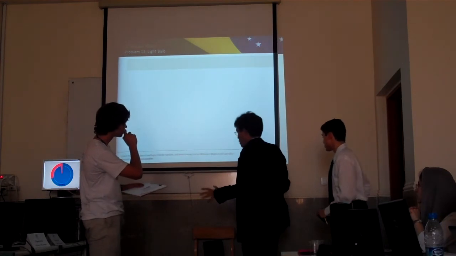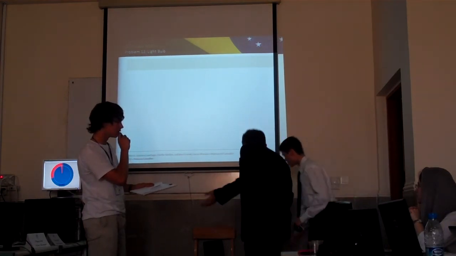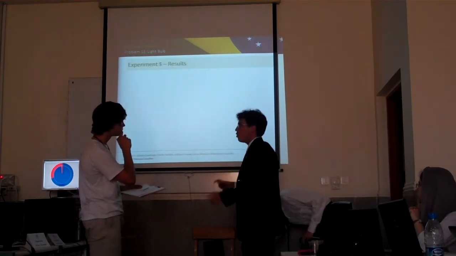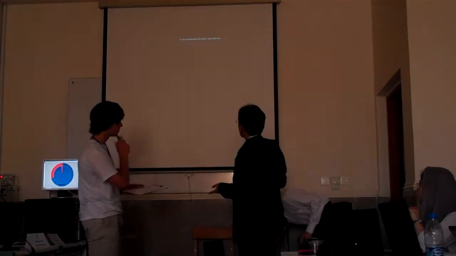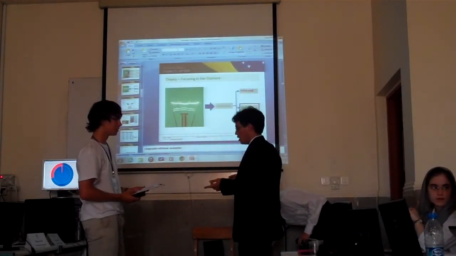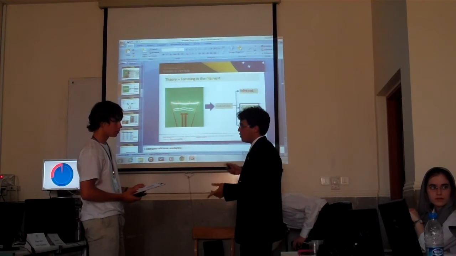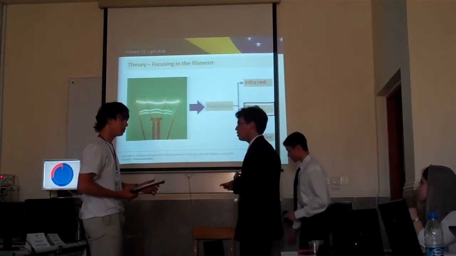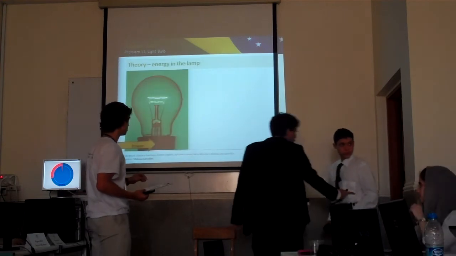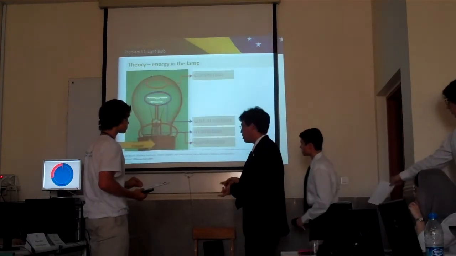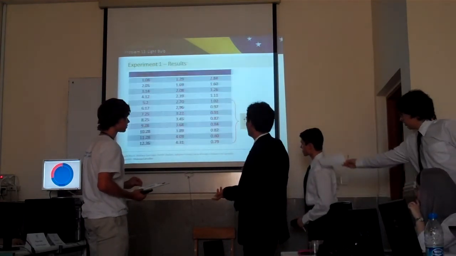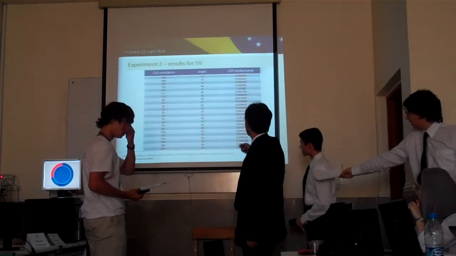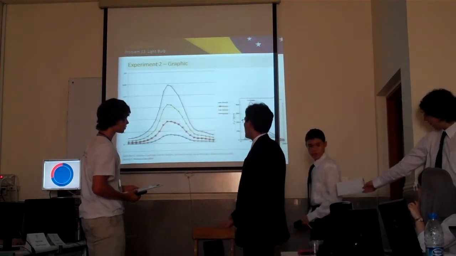I use this fact to calculate the temperature. I calculate the temperature from the change of the resistivity. The resistivity changes with the temperature, so I use it to calculate the temperature of the bulb.